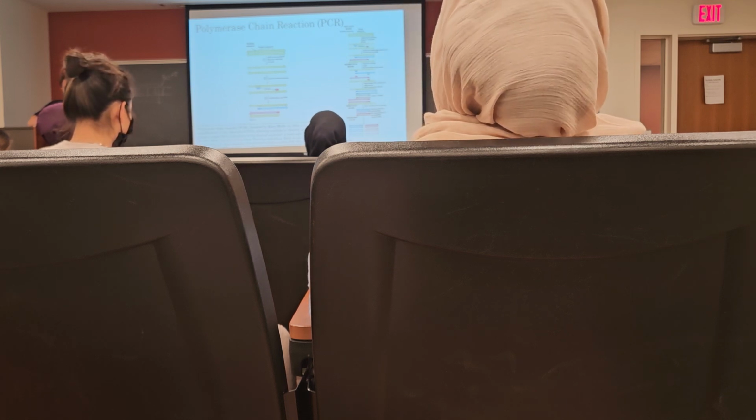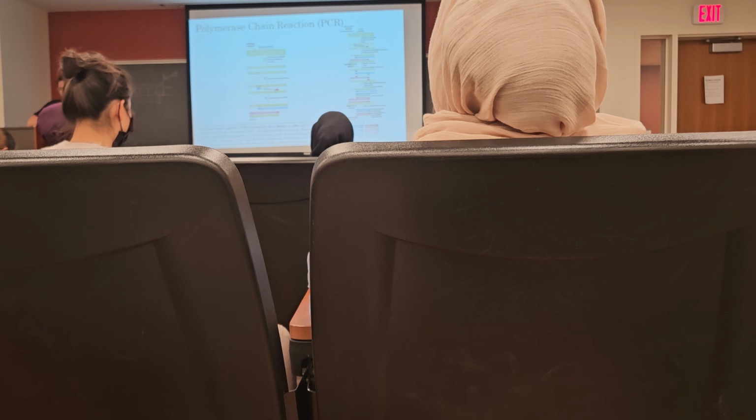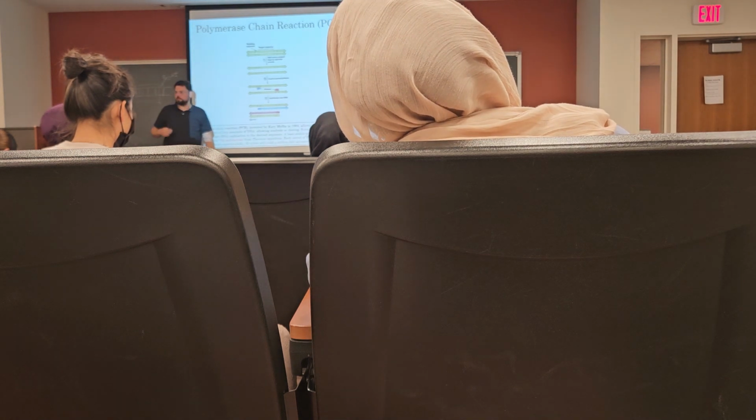So how many double-stranded sequences are we going to have after the 3rd round? 4? No, we already have 4. 8. And then 16, and then 32, and then 64, 128. So it's 2 to the n, because in every round we multiply the number of sequences that we have by 2.